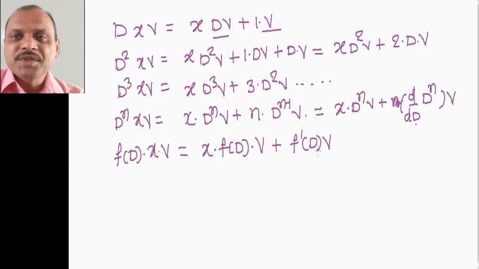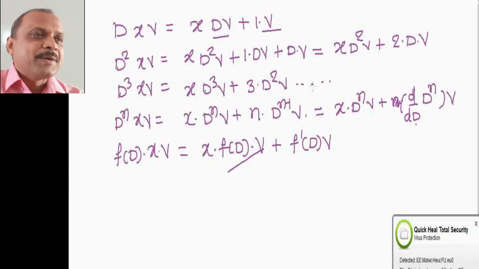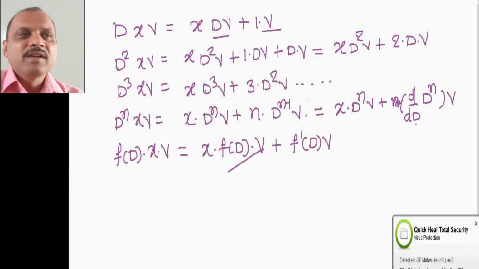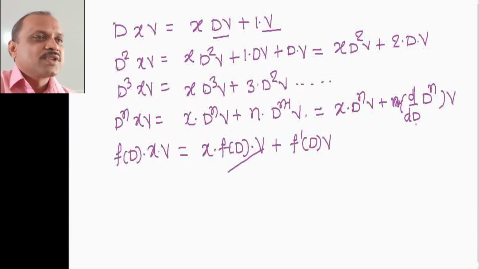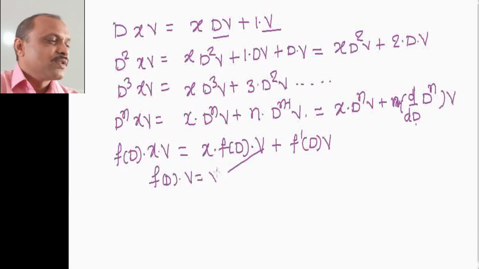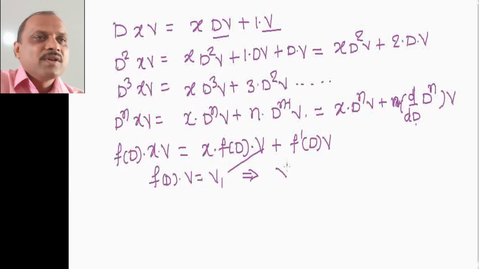Now if we put f(D) into v equal to another term v1, then we have v equal to 1 upon f(D) operating on v1. So let us put this value.